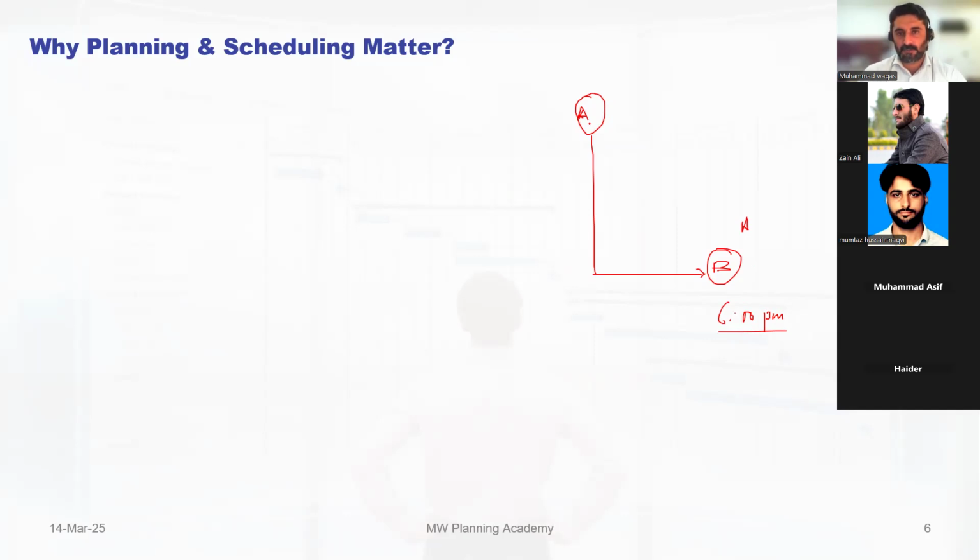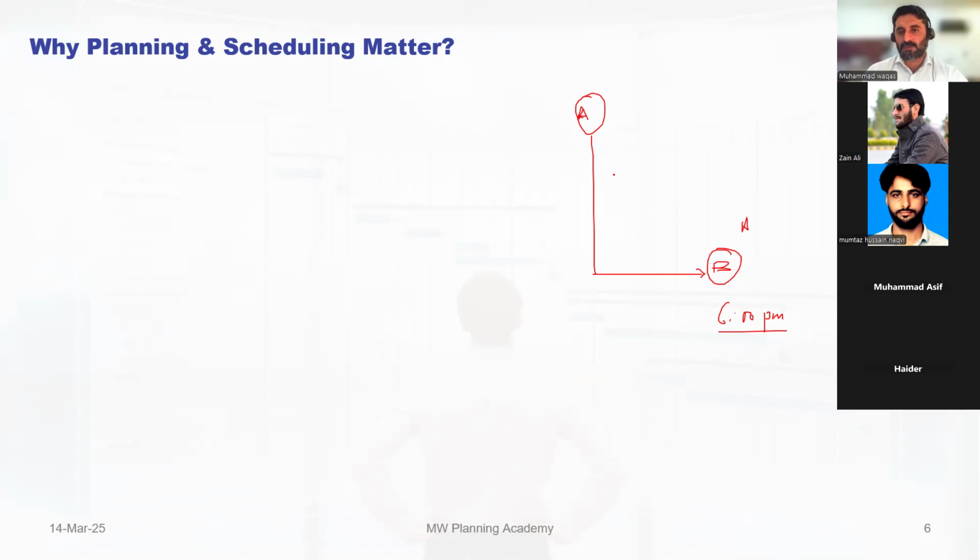So he will lose money, he will lose time, and whatever he has to deliver to person B, he will lose that resource too. On the other hand, if person A told him that he will come at 6 p.m. but never shows up, person B will be very furious with him as well.